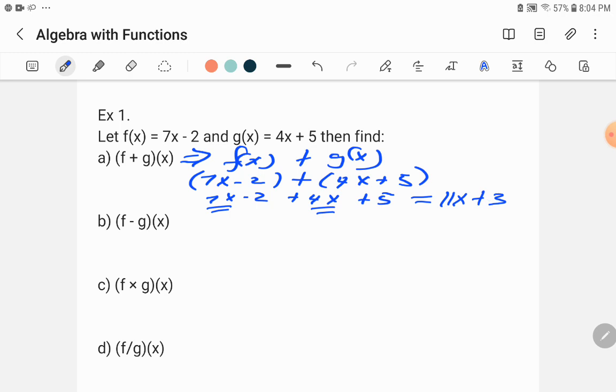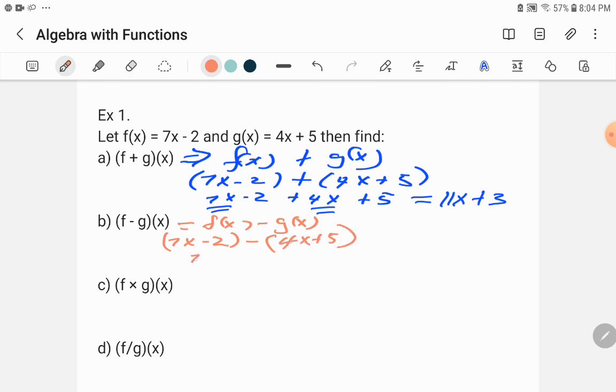Okay, now for part b, we want to subtract those functions. The f function minus the g function. So that would be f of x minus g of x. So f of x is 7x minus 2 minus, and then open parenthesis 4x plus 5.